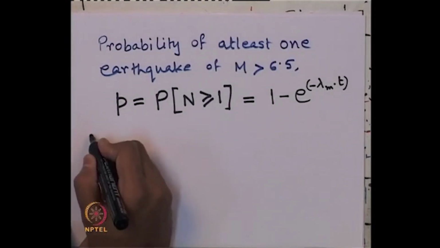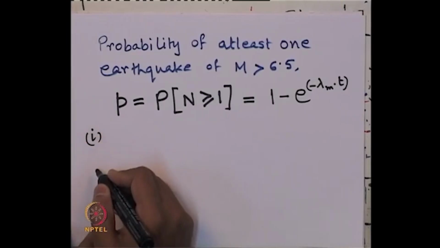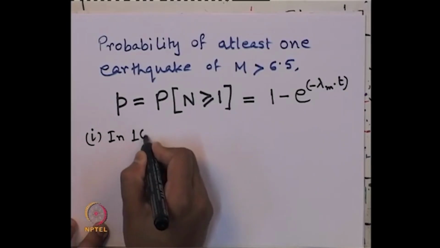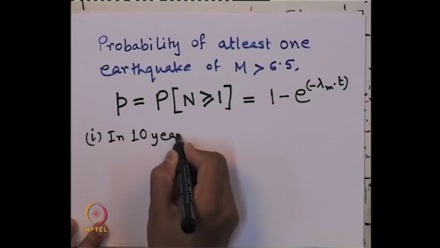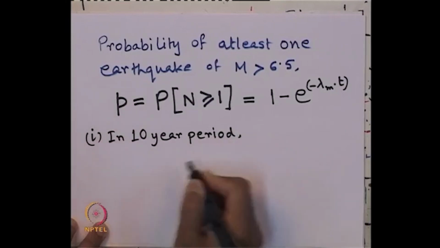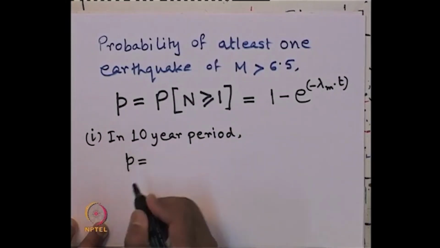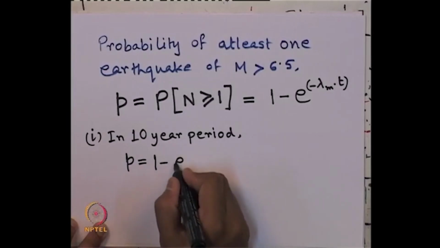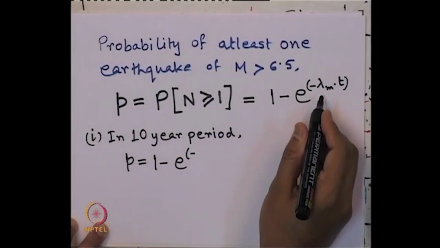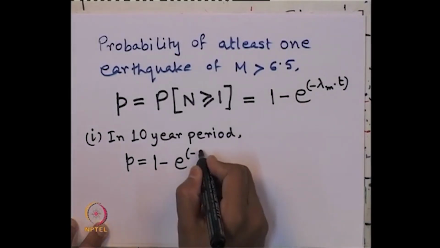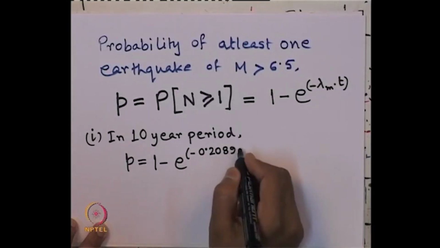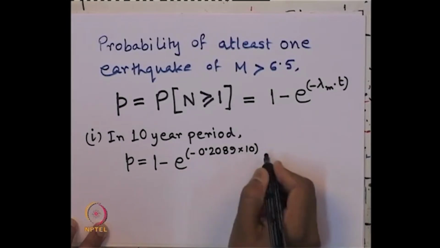So, what are the three different time scales given? The first one is the 10-year period. What will be the value of this probability? 1 minus e to the power minus of, what is the value of lambda m? Just now we calculated, that is 0.2089 and t is 10 years.